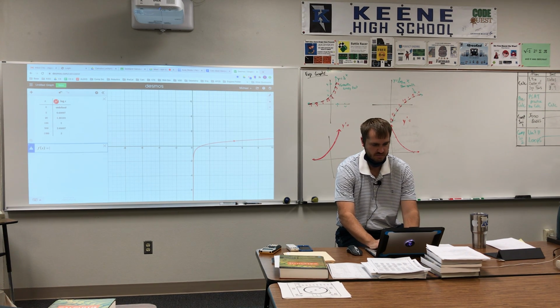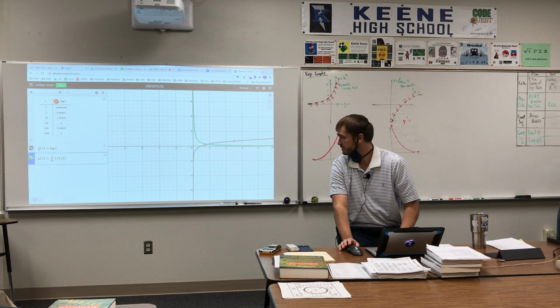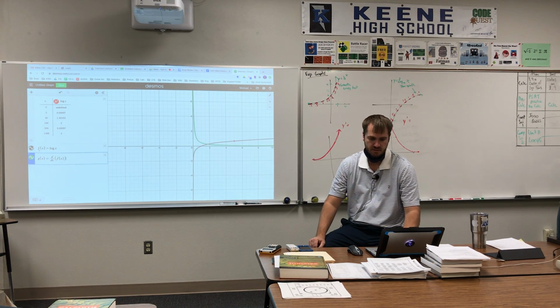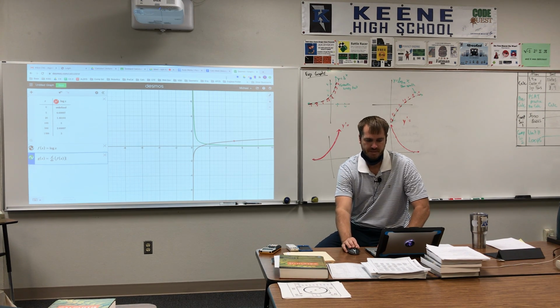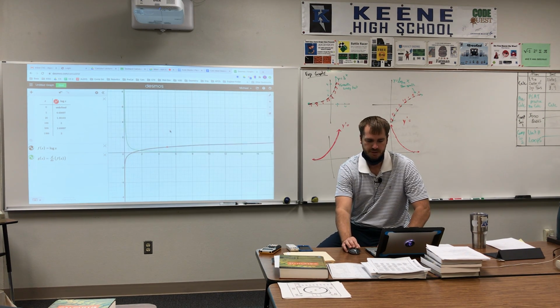f of x equals log of x. g of x equals derivative with respect to x of f of x. There we go. So I can kind of see, I think they did a little better job than I did.